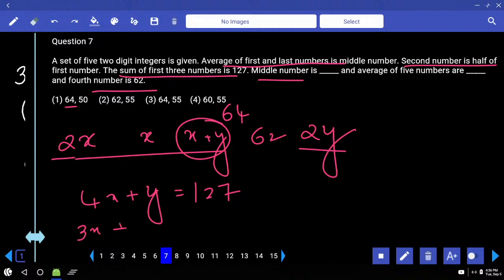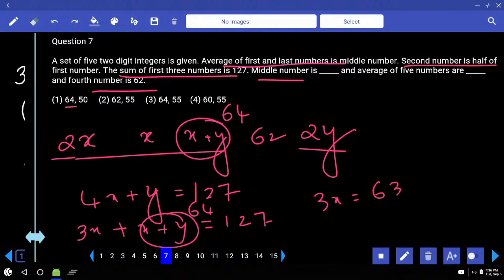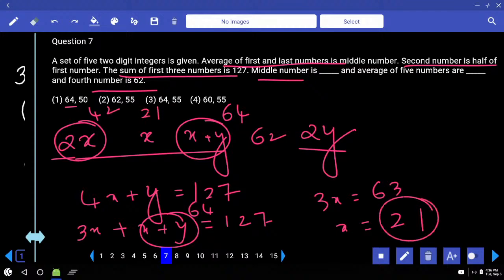This is 3x plus x plus y, isn't it? So if we write 64 here, 3x equals 63, x equals 21, so the first number will become 42, and the second 21. If x is 21 and x plus y is 64, then y is 43, then the last will become 86, isn't it?